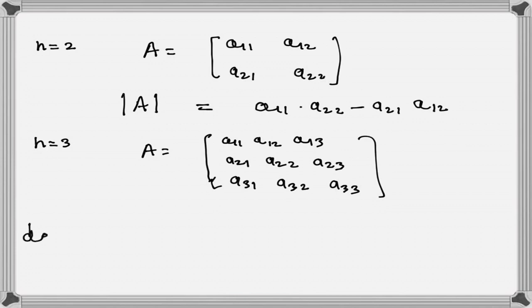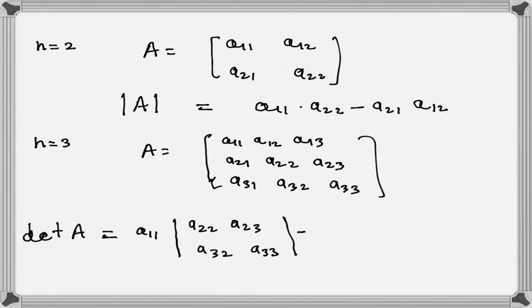Then how do we define the determinant? I will use both notations, either A with two parallel lines or just det A. We take the first row and the first element a11, get the submatrix by deleting the first row and first column, and calculate its determinant: a22, a23, a32, a33.